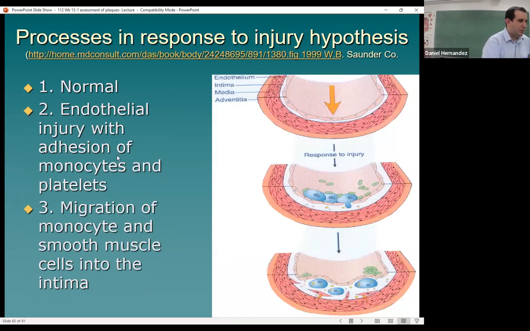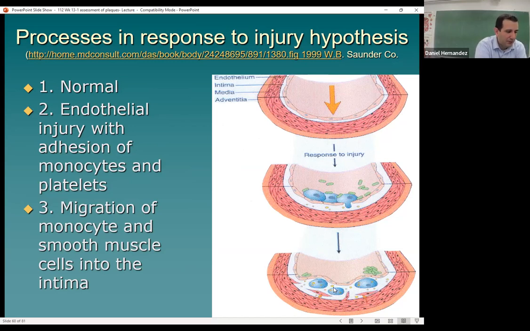So here we have the normal cell and its response to endothelial injury. We have white blood cells and platelets attaching to the endothelial layer. They enter through the endothelial layer into the intimal layer. Within that intimal layer, the monocytes start ingesting some of the lipids in there and turn into macrophages.